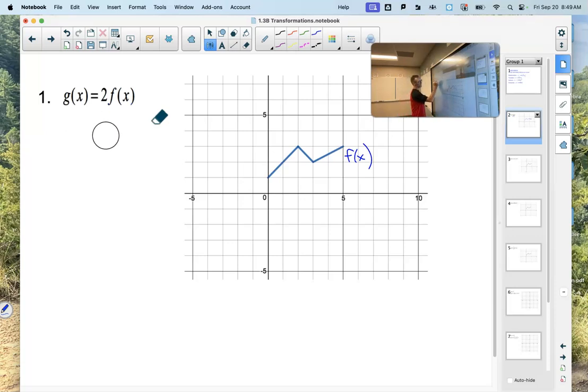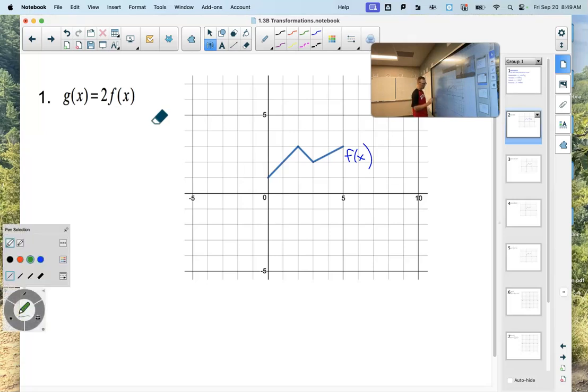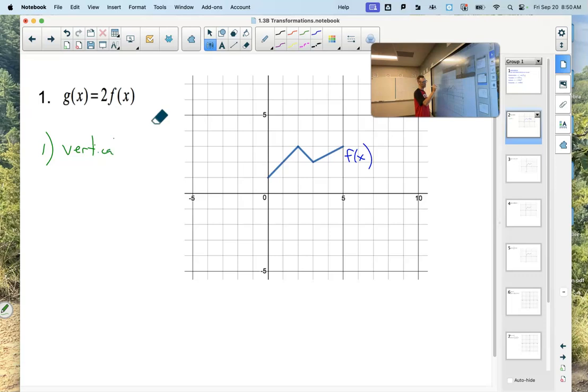What I want you to do in these types of problems is to list the transformations that you do in order and then graph each step. My first and only transformation is to multiply the y's by 2, which is vertically stretching the graph by 2. And how do I get my new points? I multiply the y values by 2. The point (0, 1) becomes (0, 2).